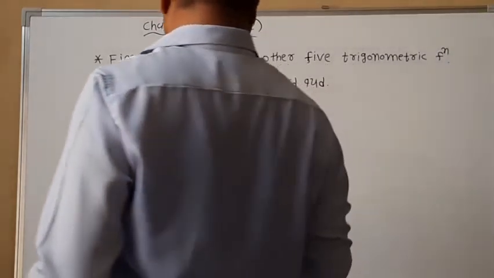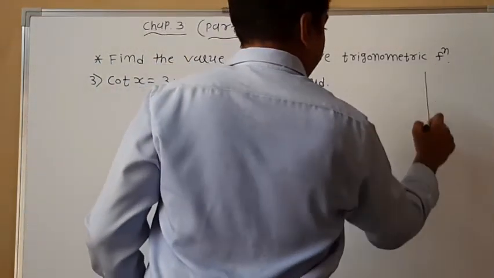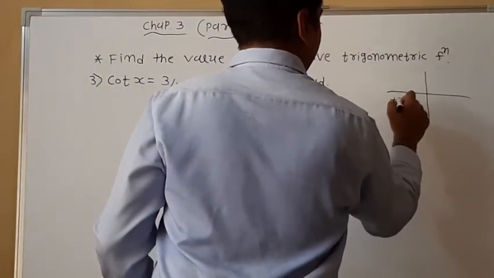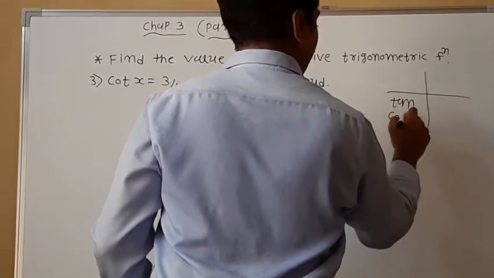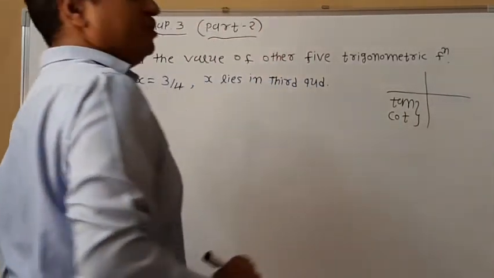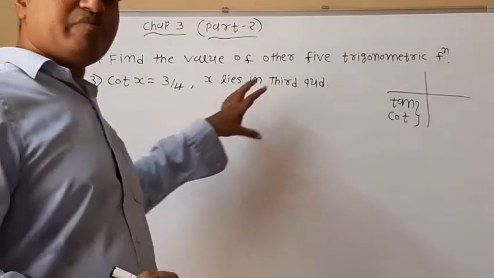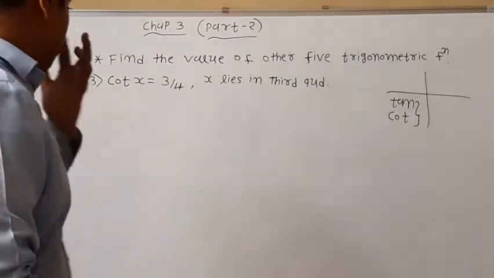So first, we know that in the third quadrant only tan and cot functions are positive, and the remaining four functions are negative.